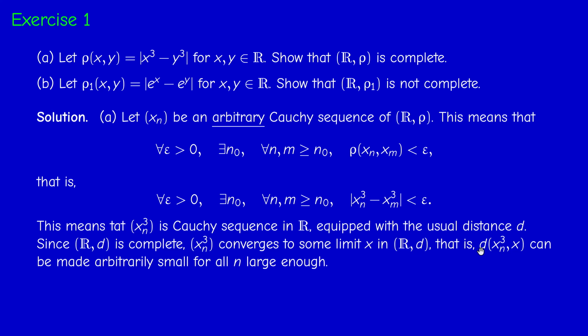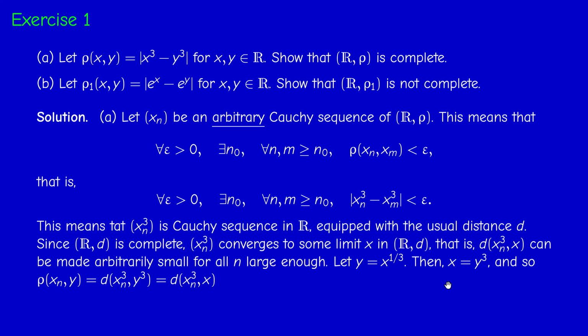Which means that the usual distance between x_n cubed and x, or |x_n cubed minus x|, if you like, can be made arbitrarily small for all n large enough. Now, if we set y equal to x to the power 1/3, then rho of x_n and y is simply |x_n cubed minus y cubed|.